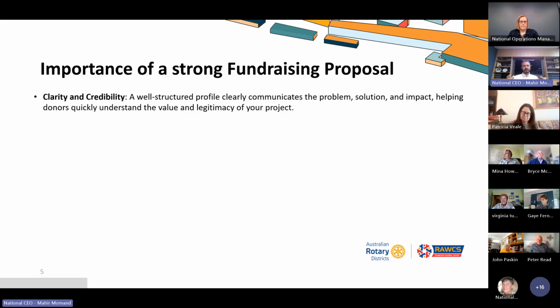If you're not clear yourself in how you sell your project or how you explain and describe your project, and what problem it is that you're trying to solve, and what is the solution that you are introducing, in what geography, what type of impact it is having, then of course the donors would not be as interested as you'd expect them to be.